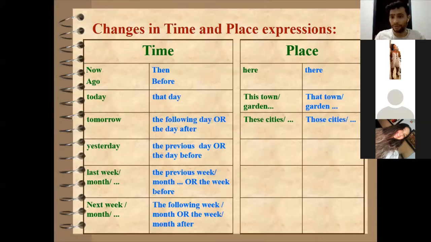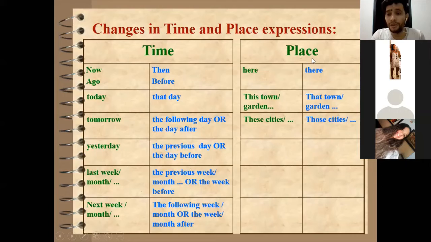It depends on you, right? And the same thing happens with next week or next month, or all those time expressions that are used with next, like the following week or the week after, the following month or the month after, the following year or the year after, the one you like. These are the changes that we use in time.